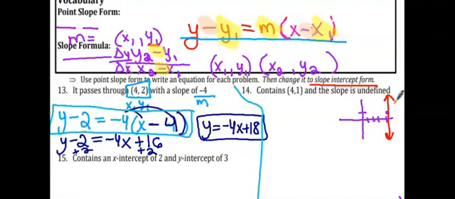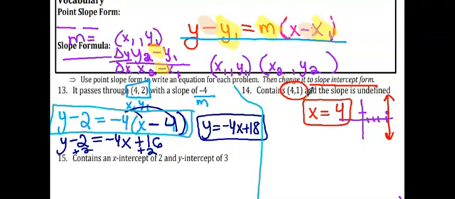So that means my equation is actually x equals 4. How would I write that in point slope form? Well, I have a point, but I don't have a slope. It's undefined. So that's why we'd have x equals 4 for that one.